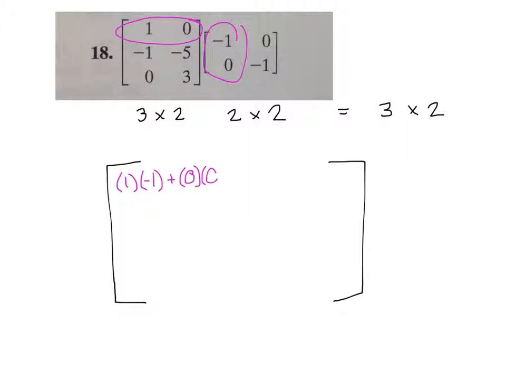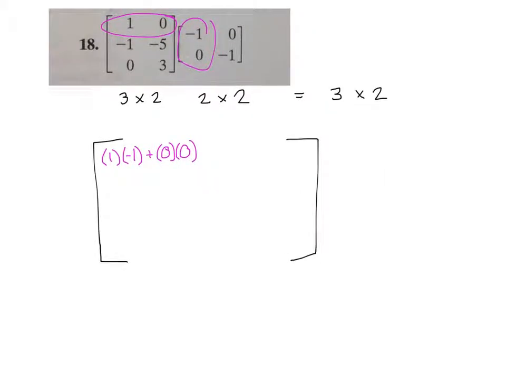It's just 0. Okay, if you want to go ahead and simplify it, we can. I'll just make a new matrix down below. So what's 1 times negative 1 is negative 1 plus 0 is just negative 1.